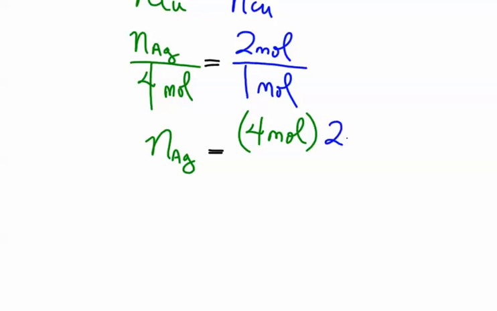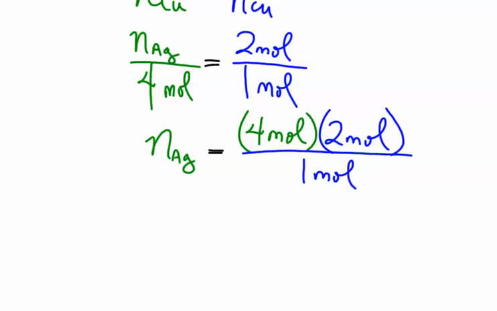Okay, and we should know that those cancel out, but look, lo and behold, you're left with the unit of moles. And so how many moles of silver would you get coming out the other end? 8. And that's how to set up a magic triangle.